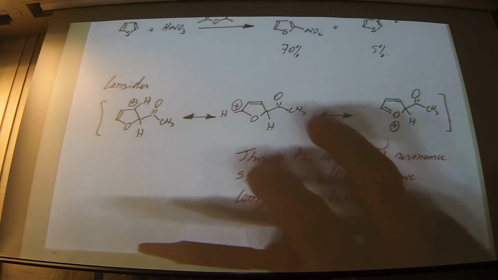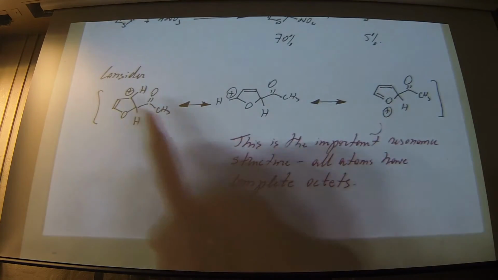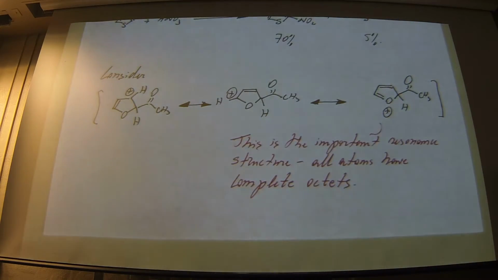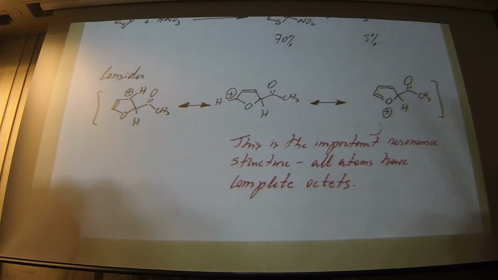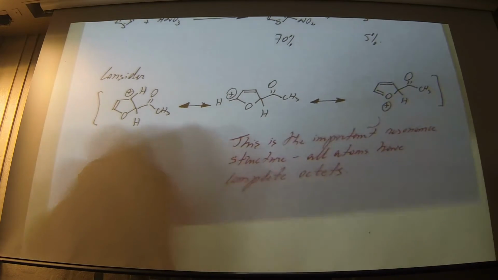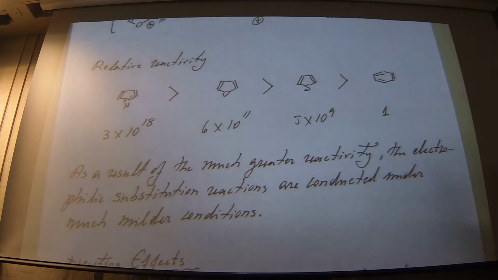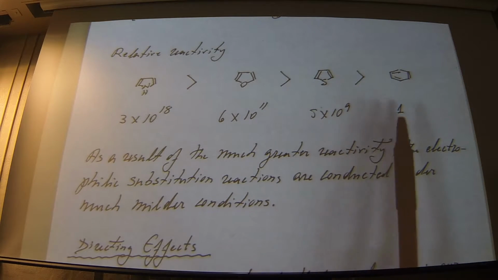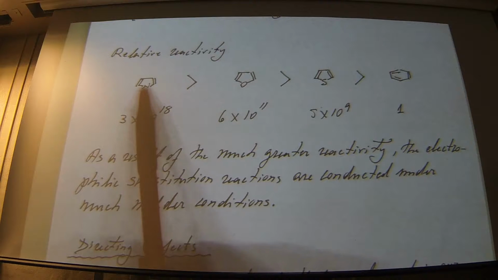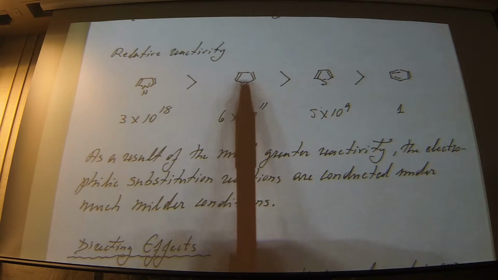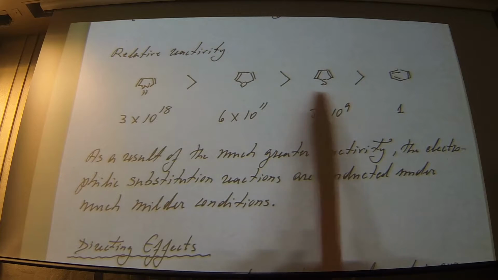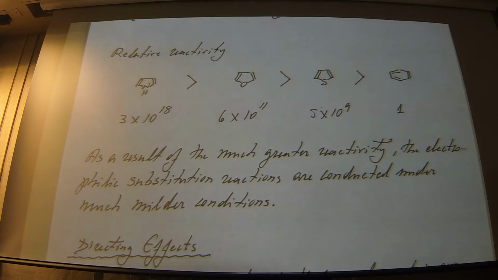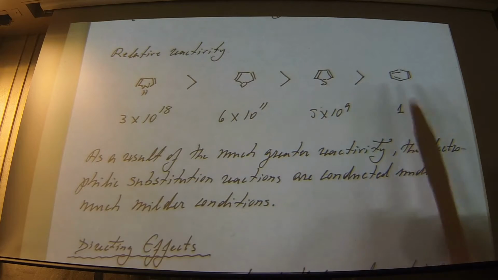The way we understand these positional selectivity issues is by always considering the resonance stabilization of the charged intermediate that results. And so Hammond's postulate again provides a guide for us. The relative reactivities towards electrophilic aromatic substitution are, and again, please don't memorize these numbers, that's not the purpose of this, but you need to know that pyrrole and furan and thiophene to a slightly lesser extent are all far more reactive towards electrophilic aromatic substitution than benzene.